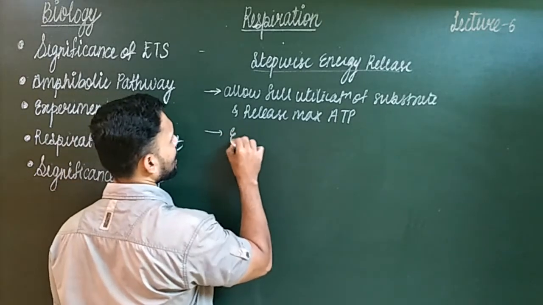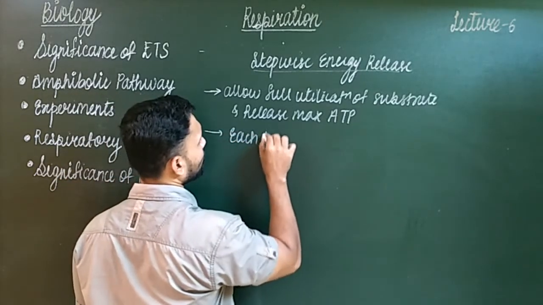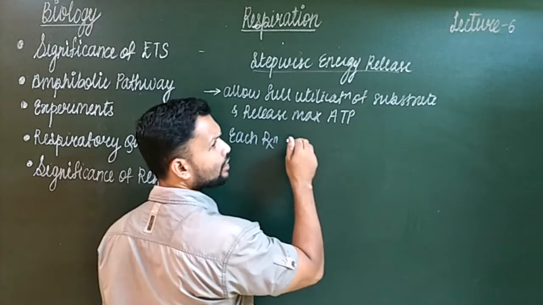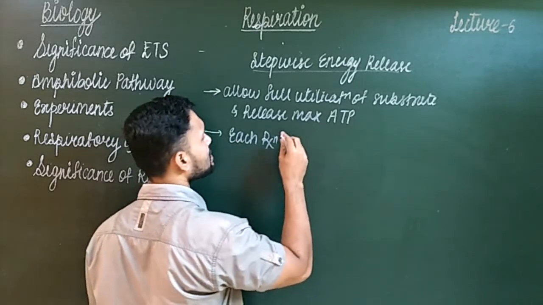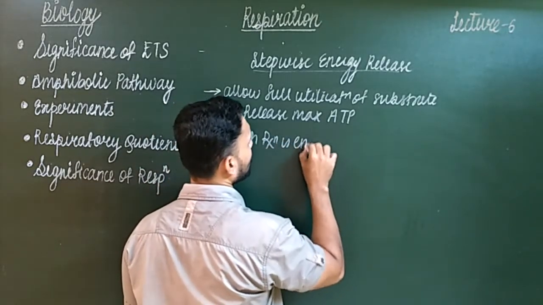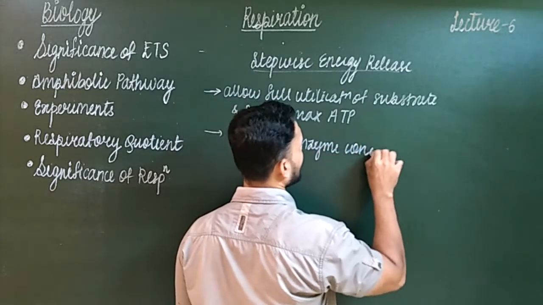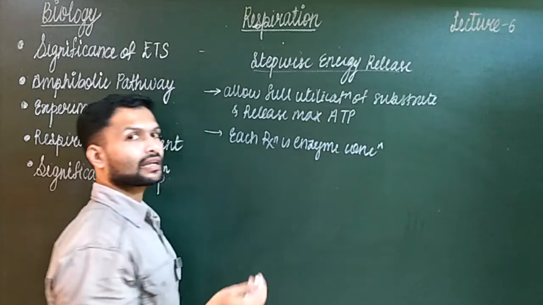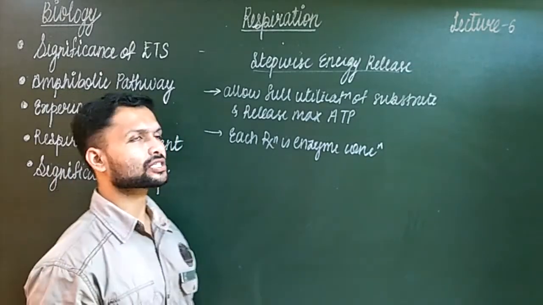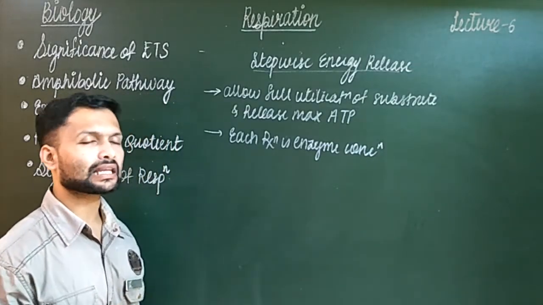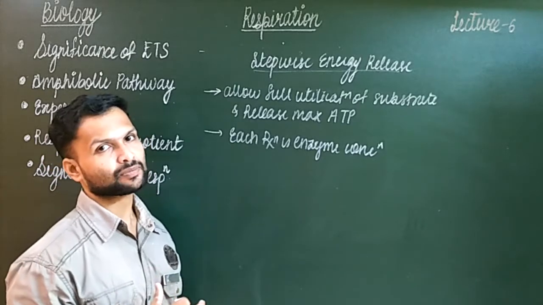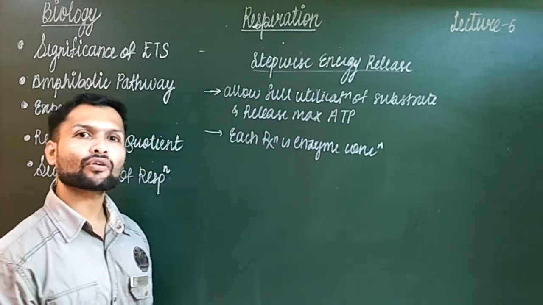Second, each reaction is enzyme controlled. We know that each reaction of glycolysis, Krebs cycle and even ETS is enzyme controlled. So we can easily accelerate or inhibit certain reactions, which means the cell can control the rate of respiration.